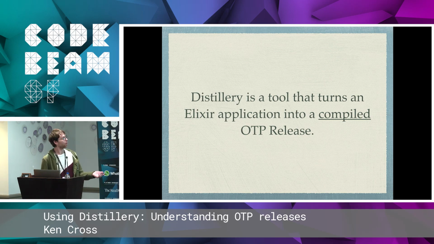All right, so Distillery is a tool that turns your Elixir application into a compiled OTP release. And the only reason why I underline compiled here is because it's very easy with Elixir to treat it like an interpreted language. The power of Mix and the interactive Elixir environment, like Phoenix live code reloading and stuff, allows you to treat, as a developer, your application very much like you would an interpreted one.